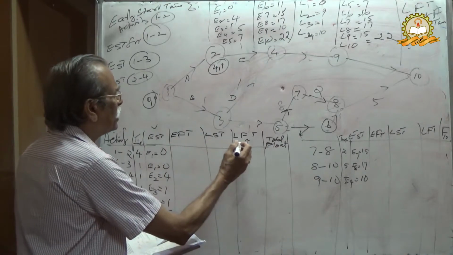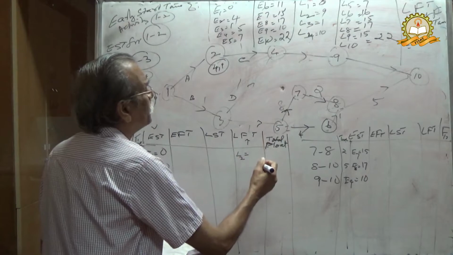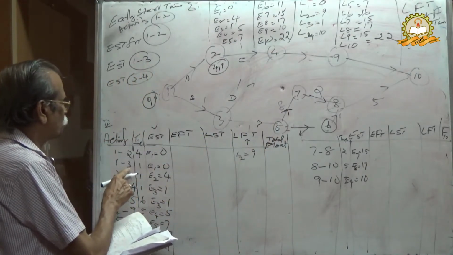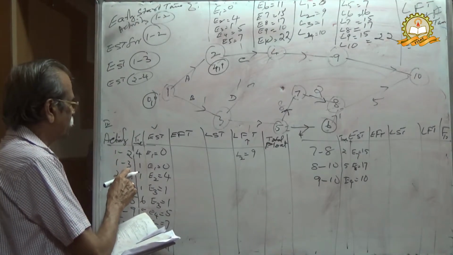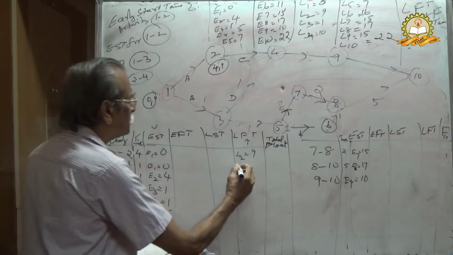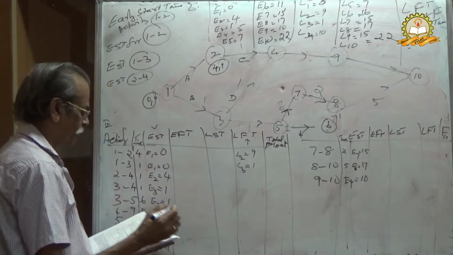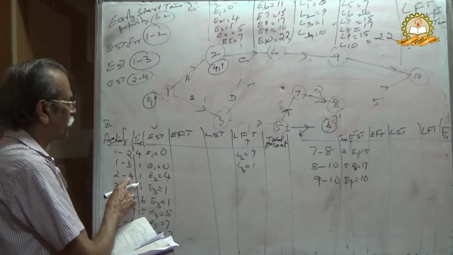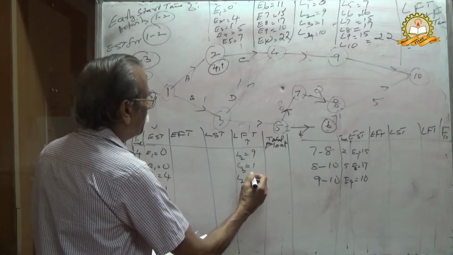Therefore L2 equals 9. Then for 1 to 3, E1 equals 0 and L3 equals 1. Then 2 to 4, starting 2, ending 4, L4 equals 10.